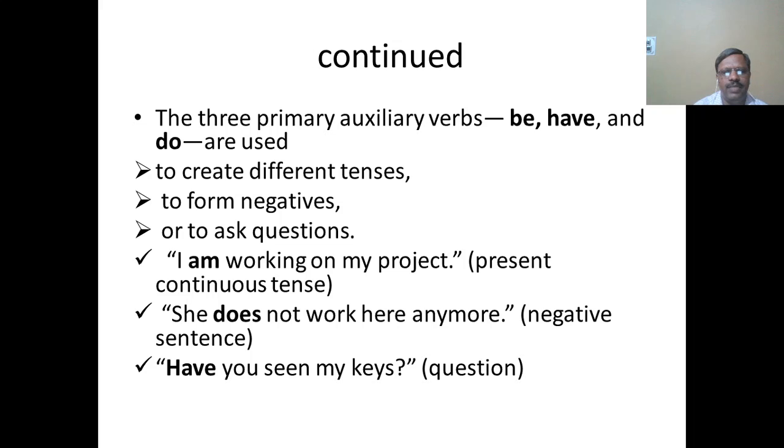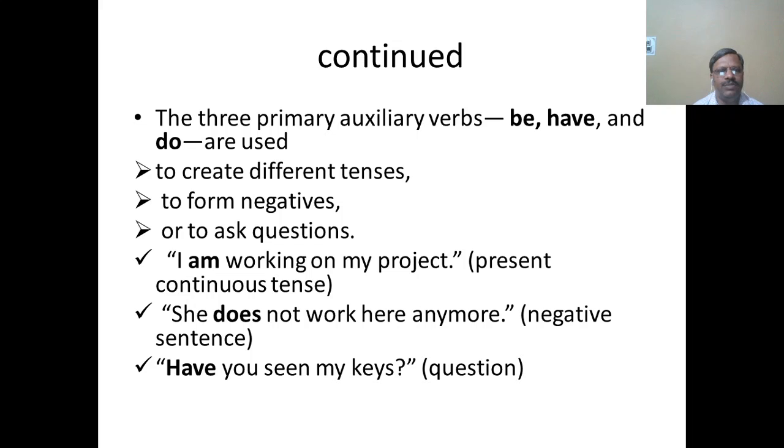And in forming present perfect and present perfect continuous tense, and even in future perfect and future perfect continuous tense, we use the have form helping verbs. So these primary auxiliaries are used to create different tenses, which we study in the following sessions.